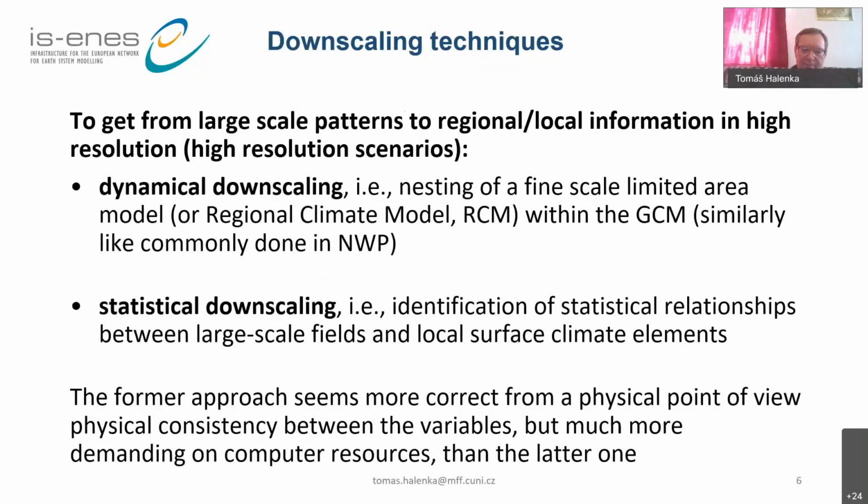There is one point we should keep in mind concerning future simulations, because in the model there are plenty of parameterizations, which are sometimes empirical ones, and we can only hope that they will work in the future as well.